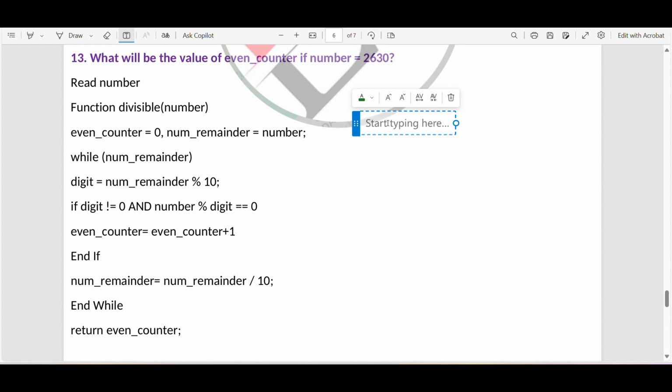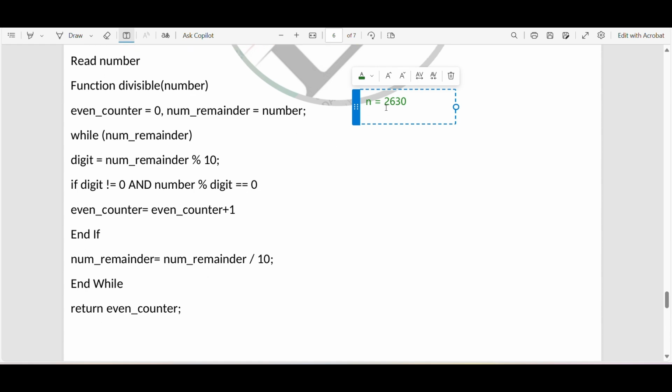So num reminder is number, so n equals 2630, right? And next, while num reminder is not 0, then we'll be doing this. So let's do it as one. Without writing everything, I'm just writing 1, considering this as iteration 1.